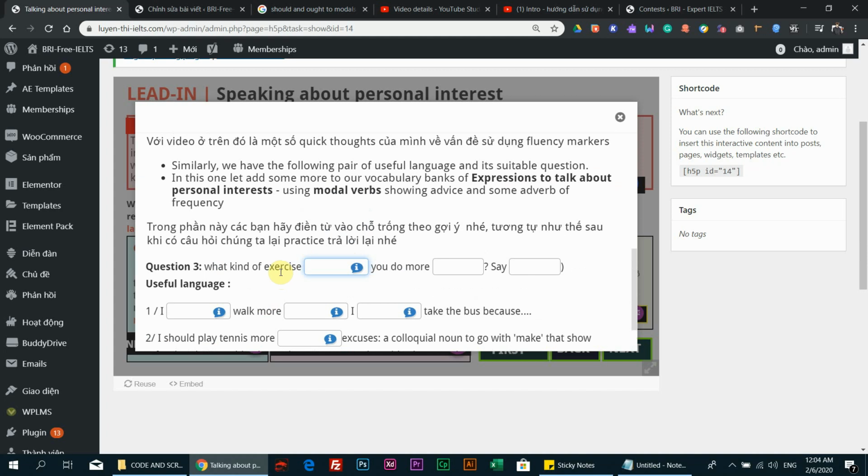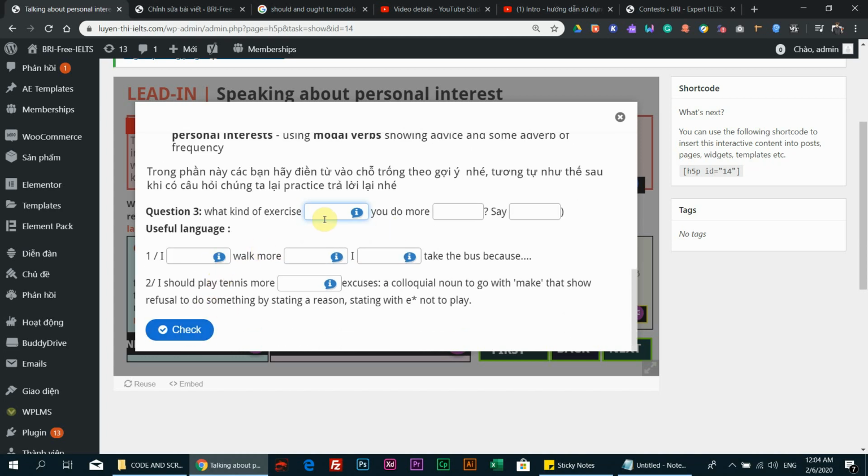So sorry, but right, so here also this one is a bit harder than the previous one because you have to guess the word.